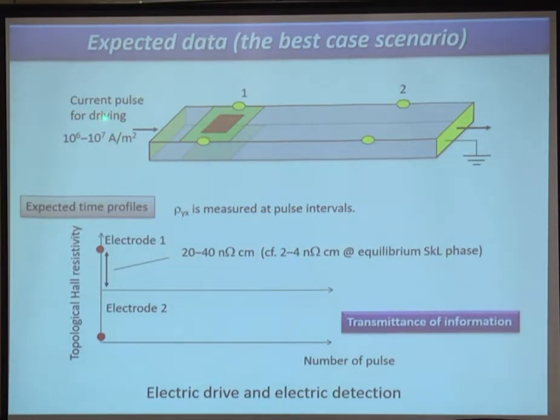When we apply the in-plane current pulse, the topological Hall signal written on the left side appears like this, and eventually the signal is transferred to the right side according to the Skyrmion motion. But this was not the case in our experiment.